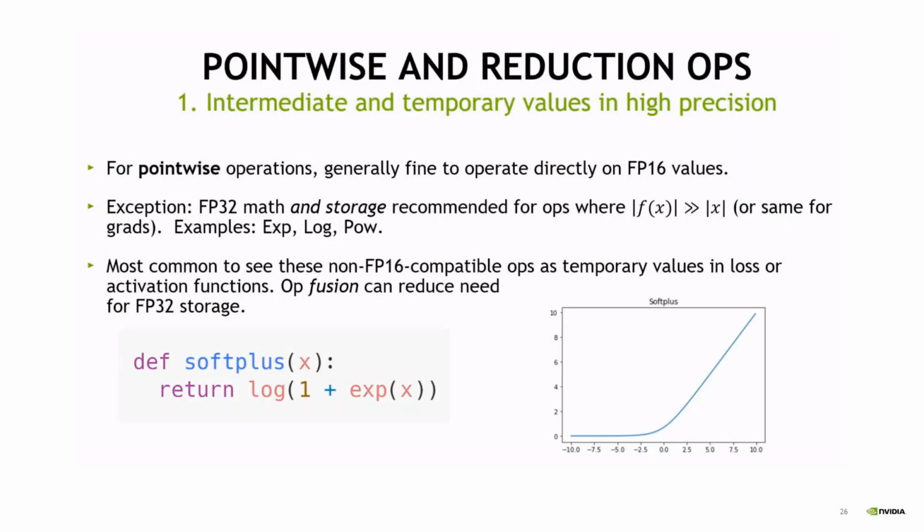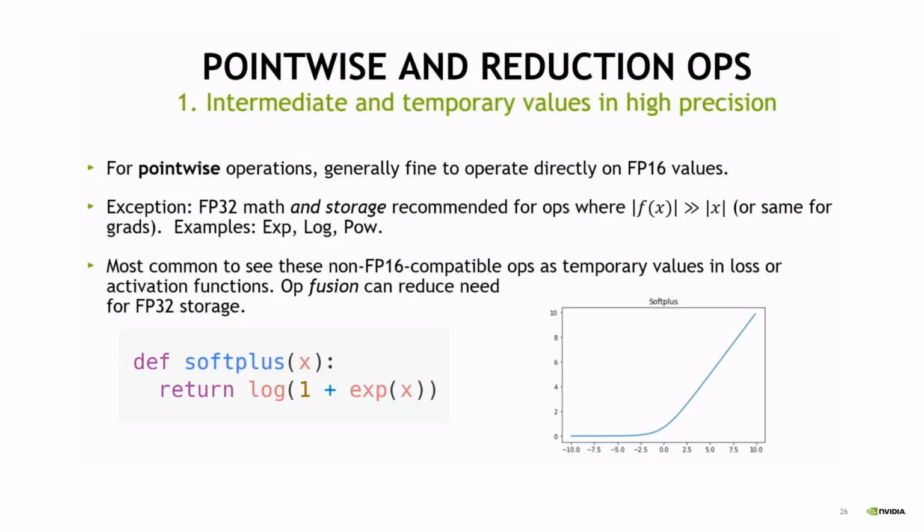And now we're talking about functions like exp, log, or pow. As an example, we have softplus, an activation function, and if we look at its graph, there is nothing scary. It's like ReLU, and it seems that all of its computations can be done in FP16 mode. But if you look into the code, it's actually pretty easy for things to go wrong in mixed precision, because we have an intermediate value.